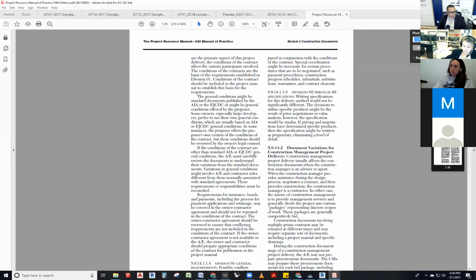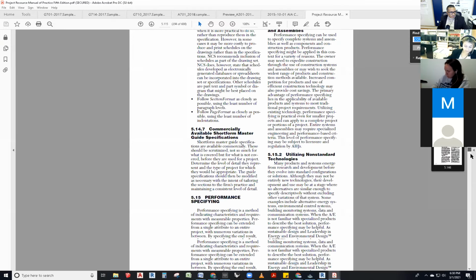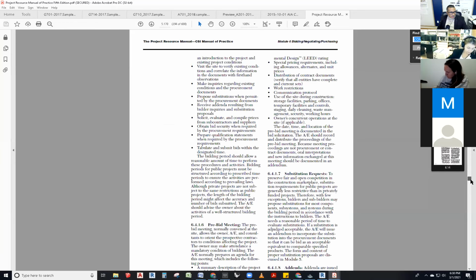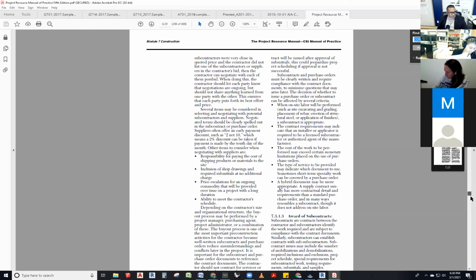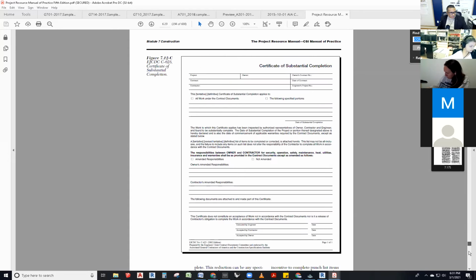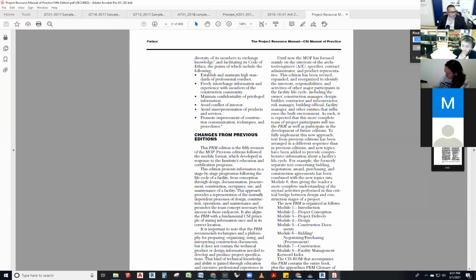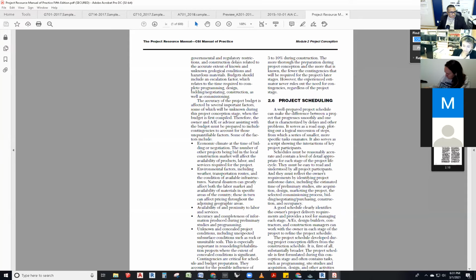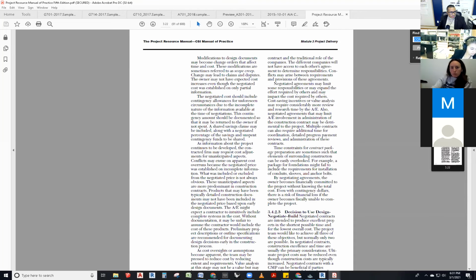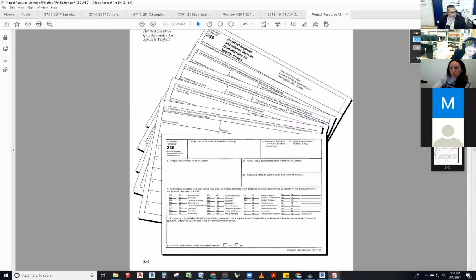I'm trying to speed race through it. I must have passed it. Let's go through the beginning. The project resource manual is an incredible asset for you for practice management, project management, and construction evaluation.